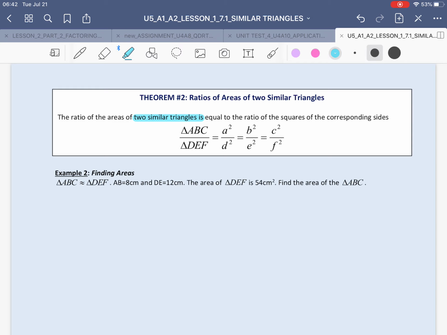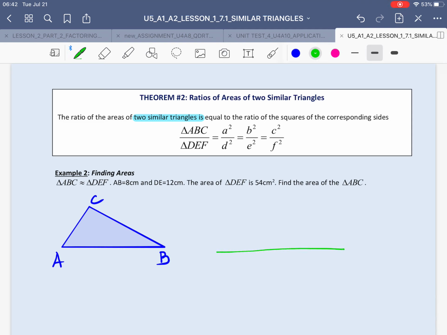We have the triangle ABC and DEF. I'm going to draw them. I'm going to try my best here. Okay, so here goes the triangle ABC. I'm going to draw the triangle DEF, and it looks like DEF is a little bigger, so let me try.